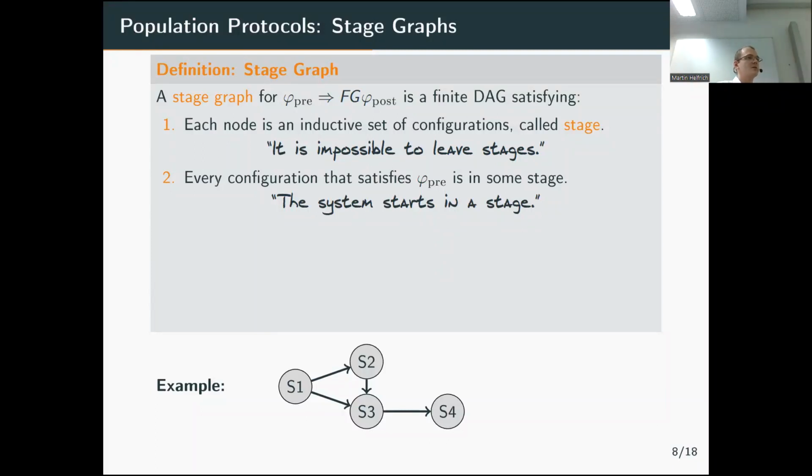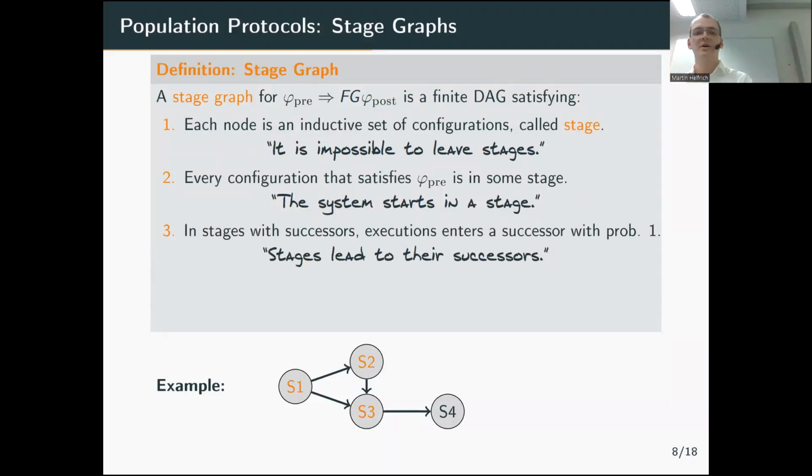Further, every initial configuration of your system is covered by some stage. Intuitively, you start covered by the proof, right? Every possible initial state is covered by your proof. Further, if you are in one of the stages, currently orange at the bottom, where you have an outgoing arrow, where you have a successor, then these stages have the property that the executions that start in that stage will enter one of the successor stages with probability 1, right?